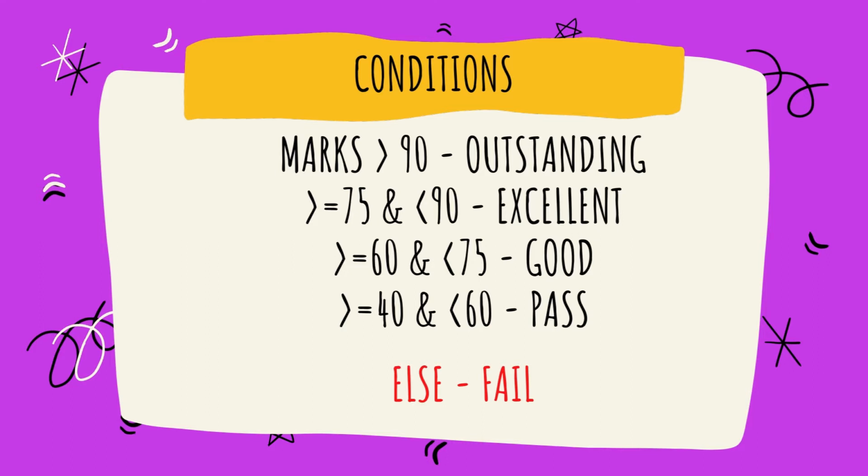Else if marks greater than or equal to 60 and marks less than 75, then the grade is good. Or else, if marks greater than or equal to 40 and marks less than 60, then the grade is pass. Or else, the grade is fail. Here we are not considering the condition because we know the marks are less than 40 here.